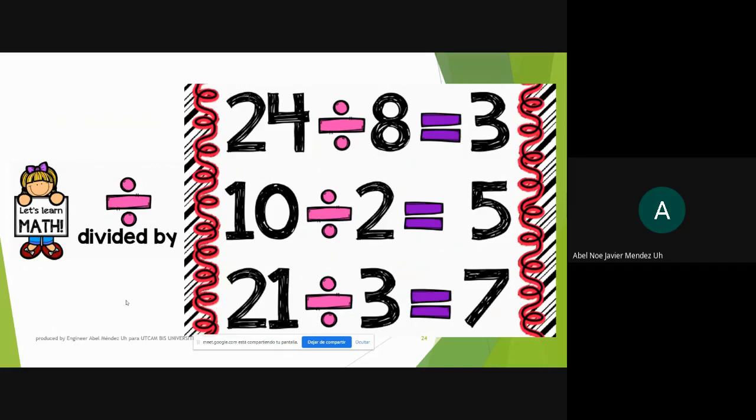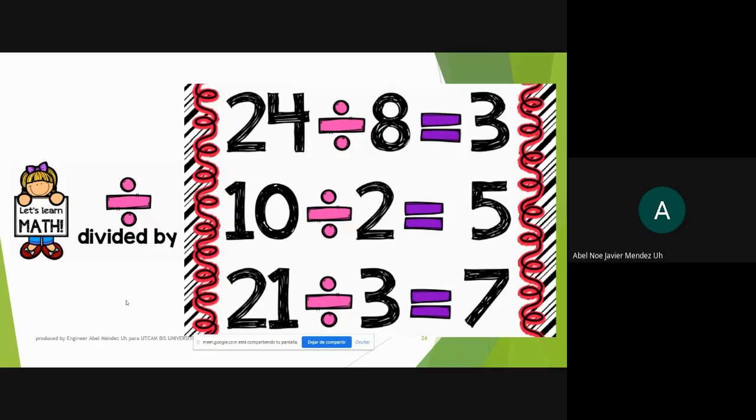Excellent, very good. The number 2, how do you say it? 10 divided by 2 equals 5. Repeat after me: 10 divided by 2 equals 5.